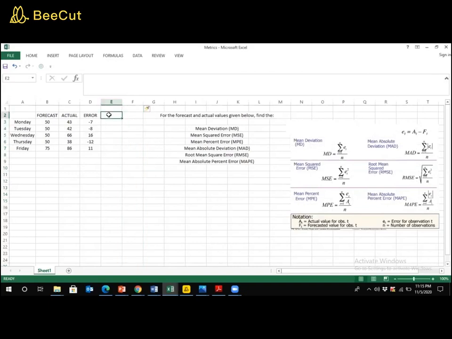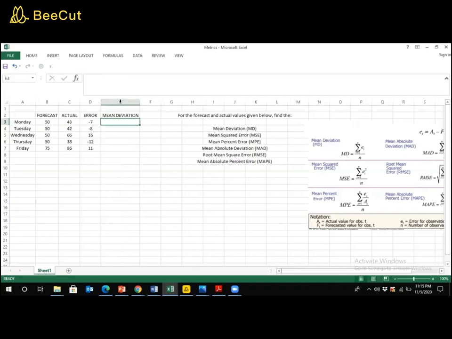The first way I'm going to calculate the error is mean deviation. To calculate mean deviation, all you need to do is take the average of the errors.